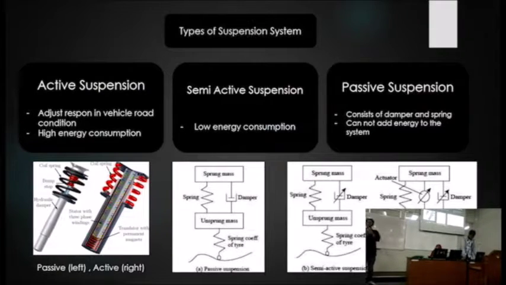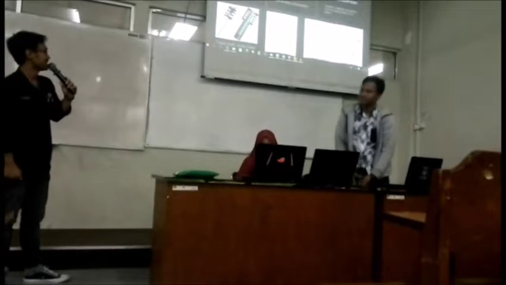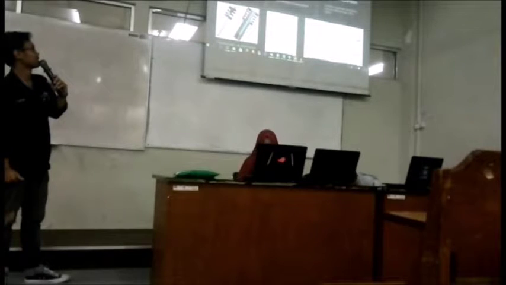Then there is the active suspension, the one I've already shown in the video. When the driver wants to lower his car, he just presses a button and the suspension drops immediately. So we don't have to go under the hood and turn the knob. Yeah, so those are the types of suspension system.